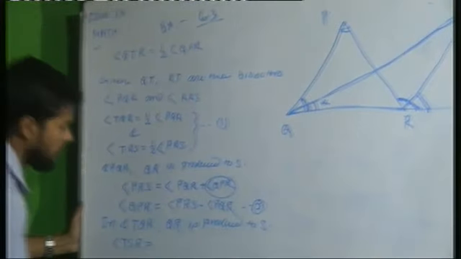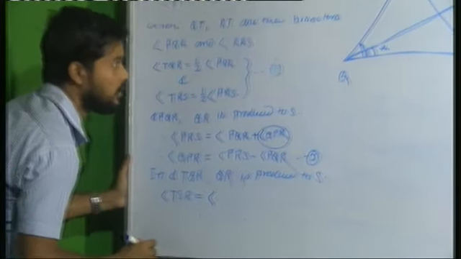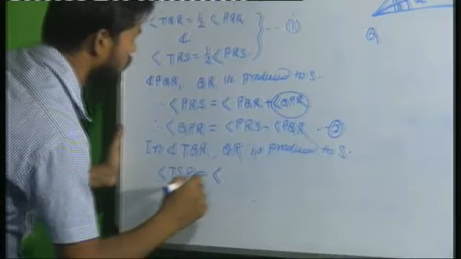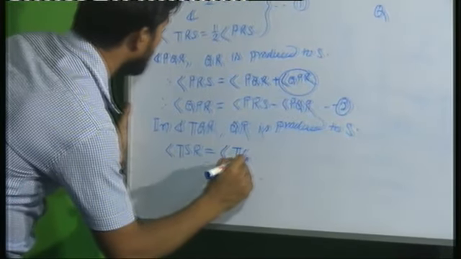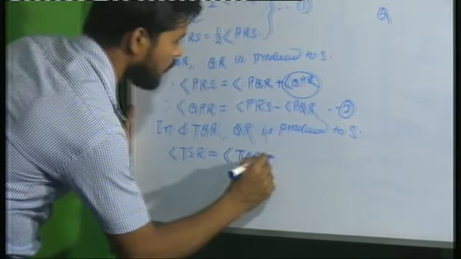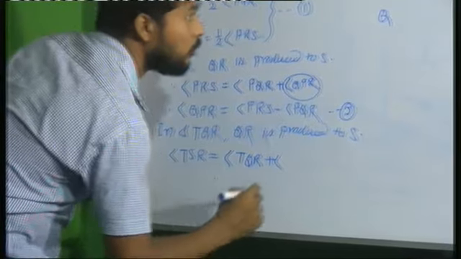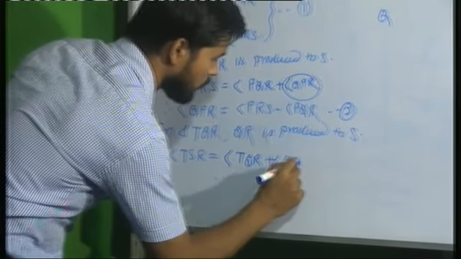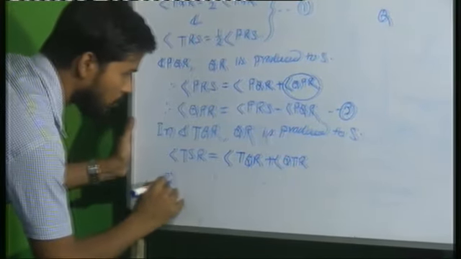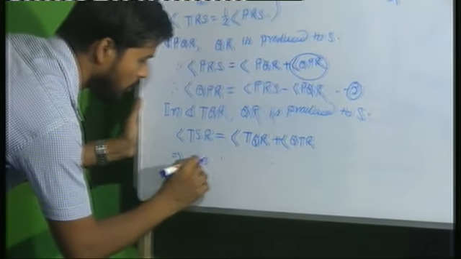So angle TRS is equal to angle TQR plus angle QTR. From here calculate the value of QTR.